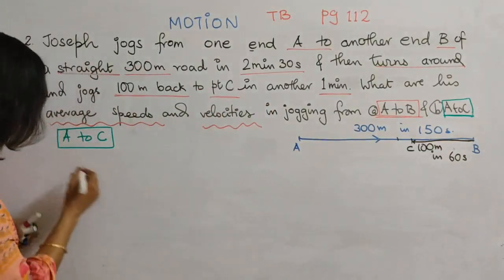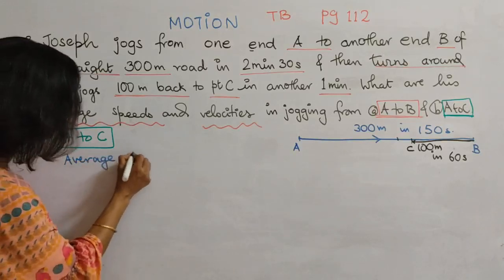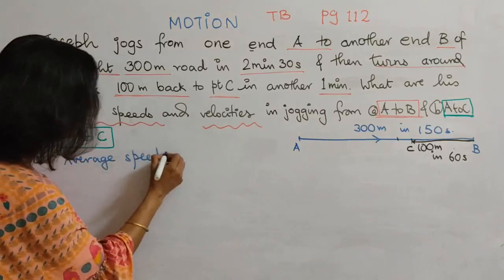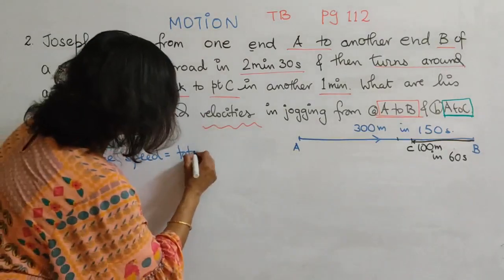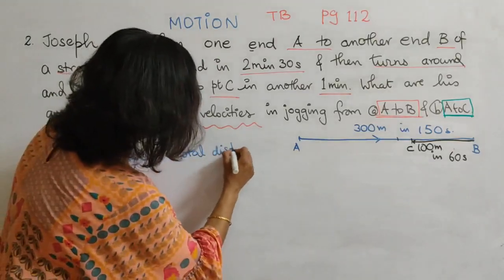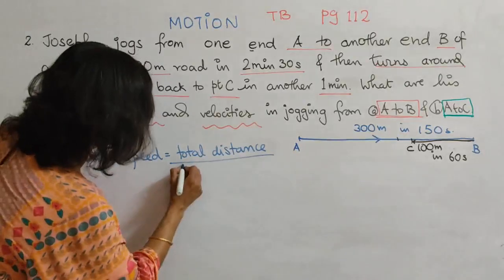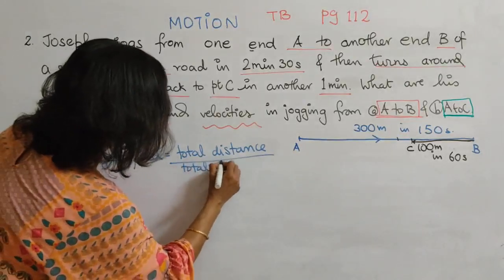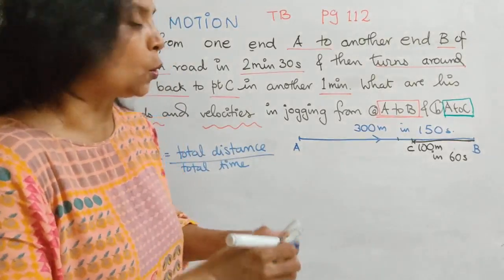Well, average speed would be total distance, the same old formula, total distance divided by the total time taken. So total time, right?